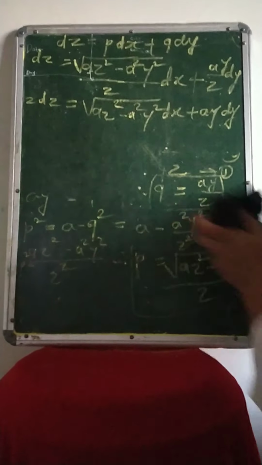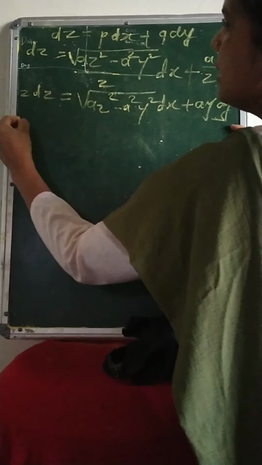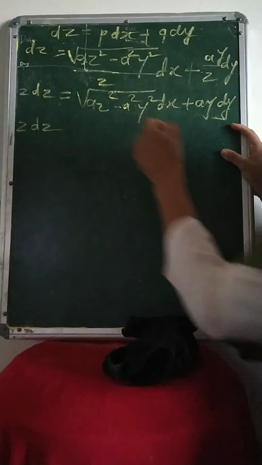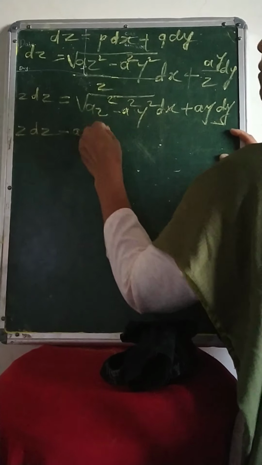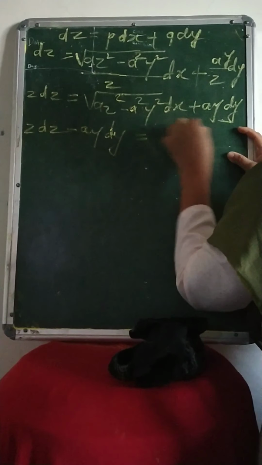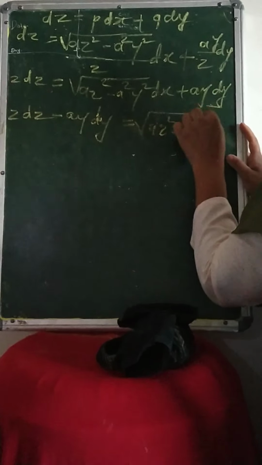After this, again this term is transferred to the left hand side, means z dz minus ay dy equal to under root of az square minus a square y square into dx.